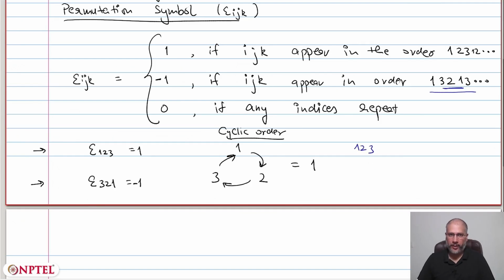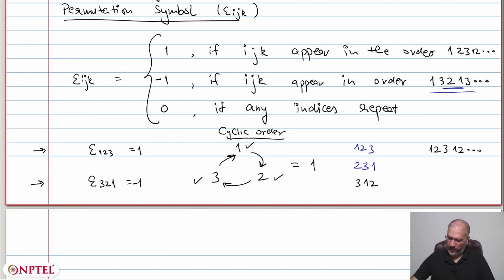It follows the order as shown in the cyclic order. It could be 2, 3, 1. So 2, 3, 1. So again, same order. It could be 3, 1, 2. So that's again the same order. Okay, so that's the reason we wrote as 1, 2, 3, 1, 2 dot dot dot.